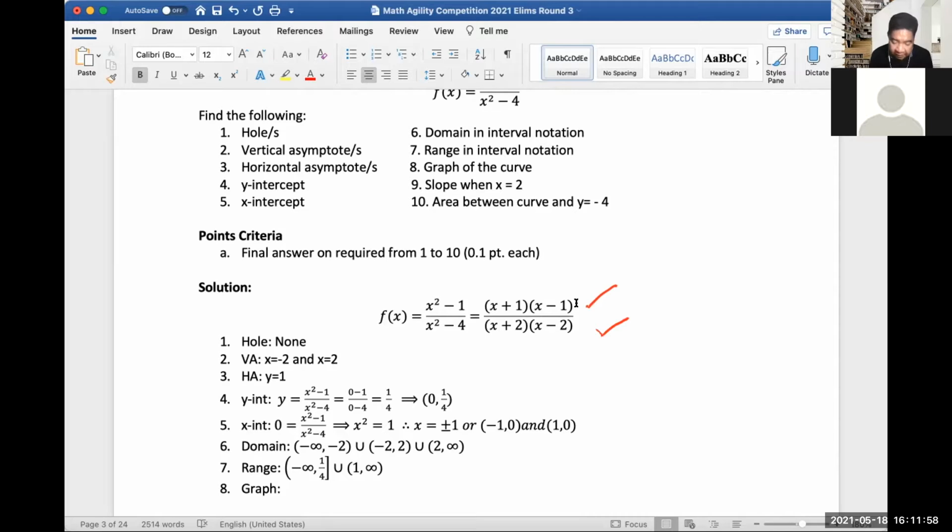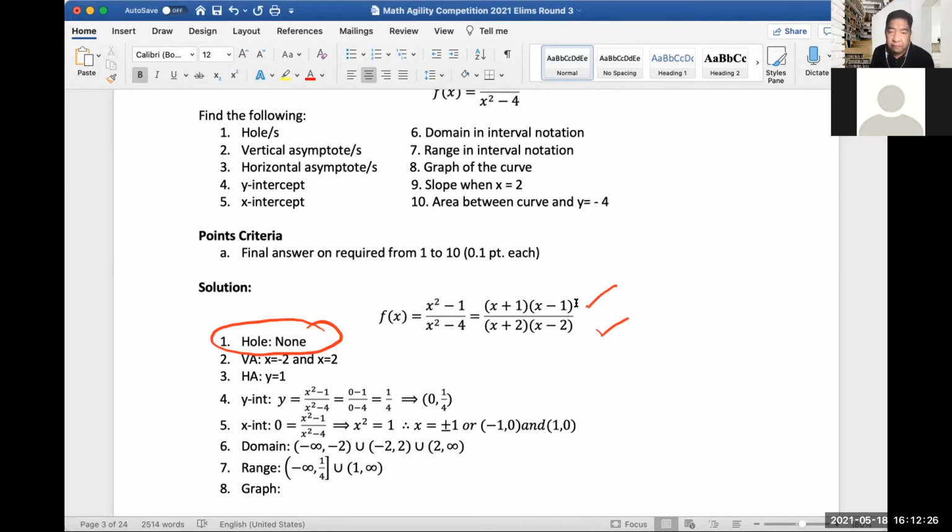So we cannot cancel anything from here. So our answer for number 1 is none, right? No hole. Okay, for the vertical asymptote, for number 2, that's the one in the denominator when we equate it to 0. That's the value that would make the rational function undefined or become infinity.